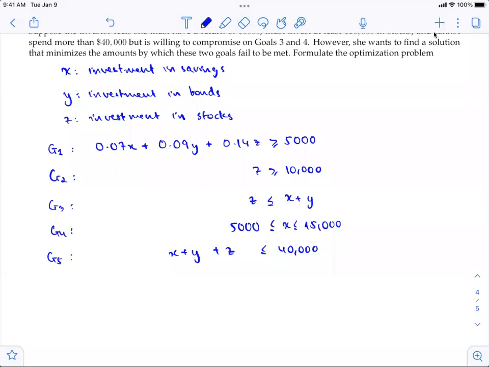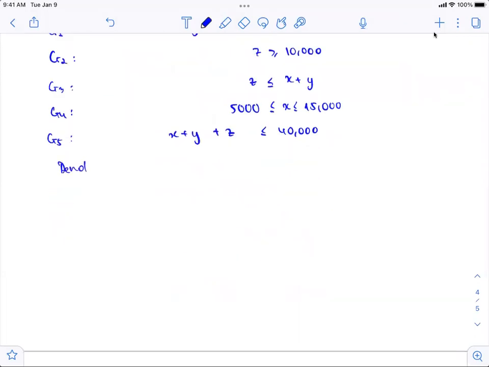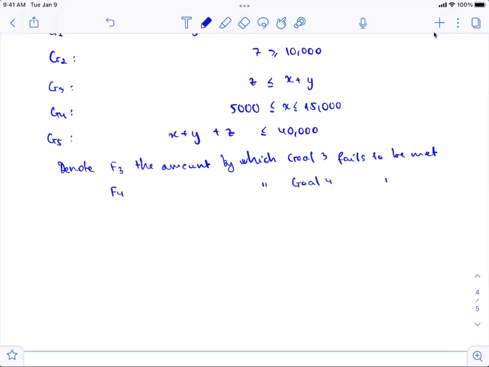Now to incorporate the minimization of the amount by which goal 3 and goal 4 fail to be met, we're gonna denote F3 to be the amount by which goal 3 failed to be met, and F4 to be the amount by which goal 4 failed to be met.